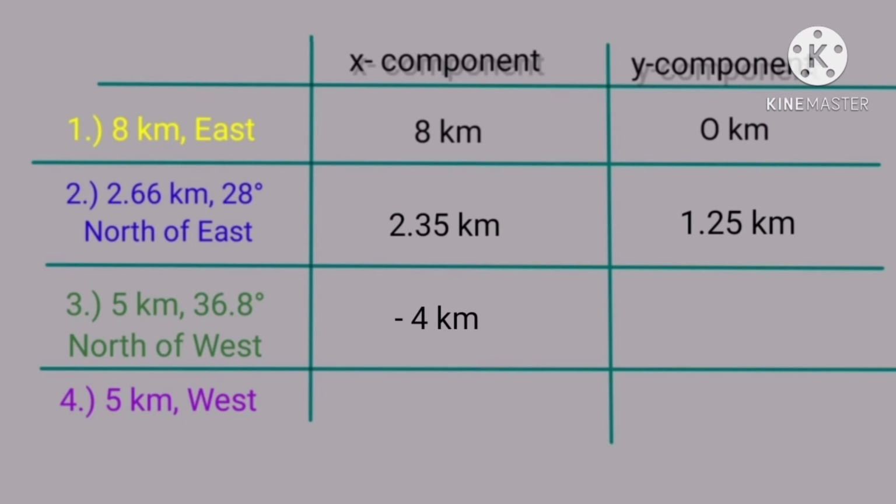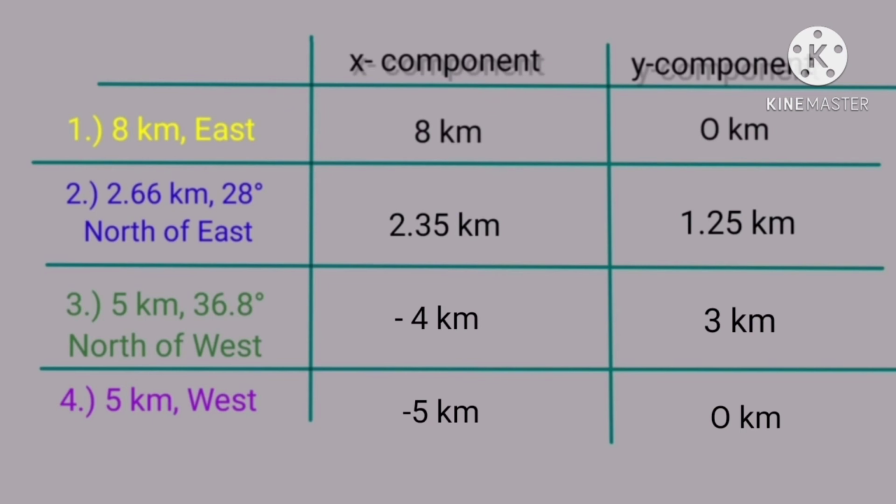We have negative 4 kilometers in the x component because it is headed toward the west, and if the direction is toward the west, we need to add a negative sign. Then 3 kilometers for the y component. For our fourth vector, which is 5 kilometers west, it is headed toward the west, so we have negative 5 kilometers for the x component and 0 for the y component.